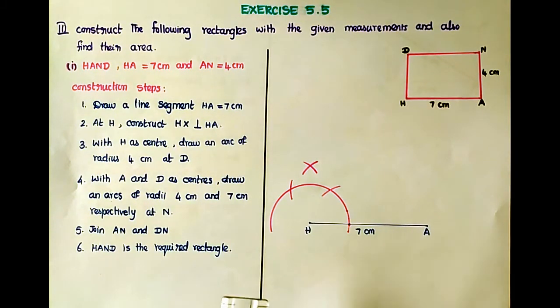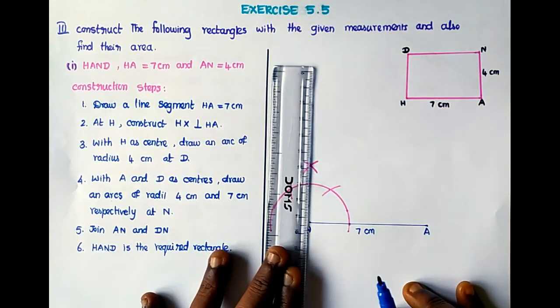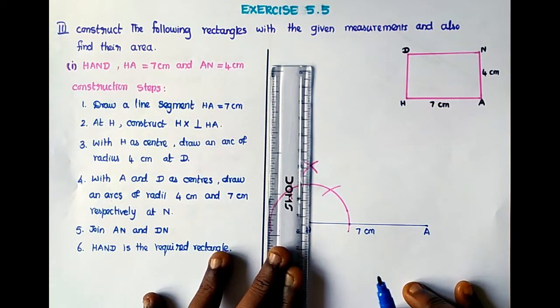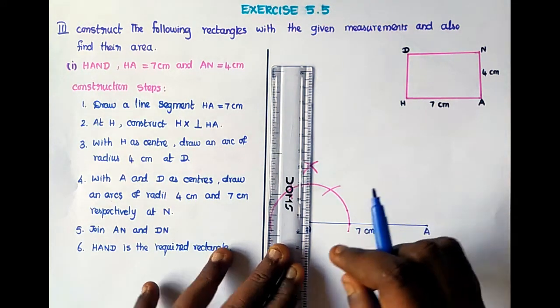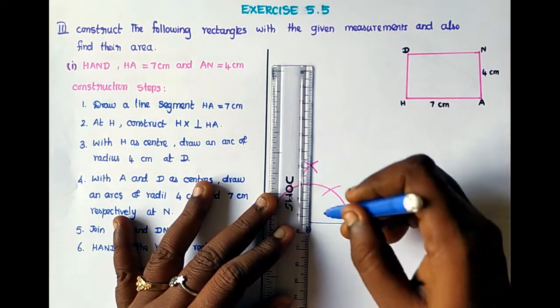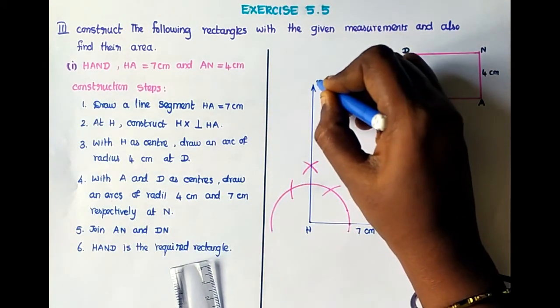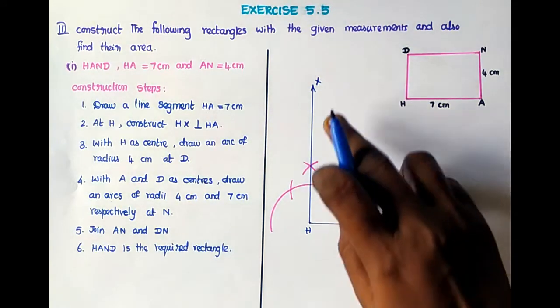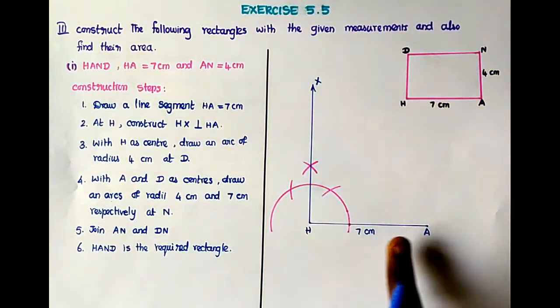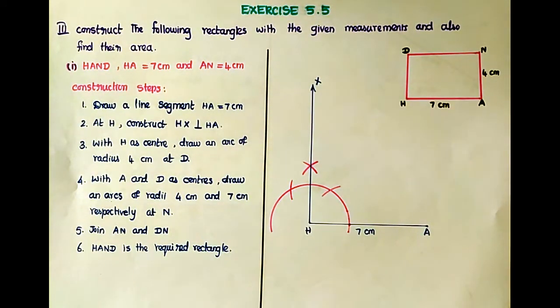Now draw the perpendicular line. HX, that is perpendicular to HA.